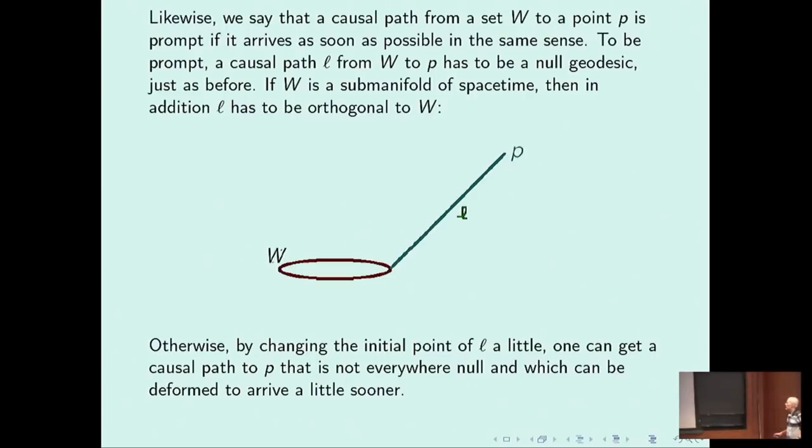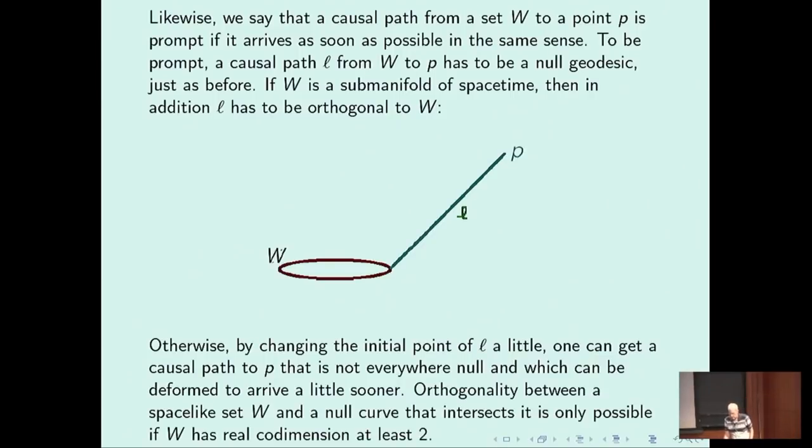So to be prompt, L has to be orthogonal to W. Orthogonality between a null vector and a space-like set is only possible if W has real codimension at least 2. And that case will be very important.